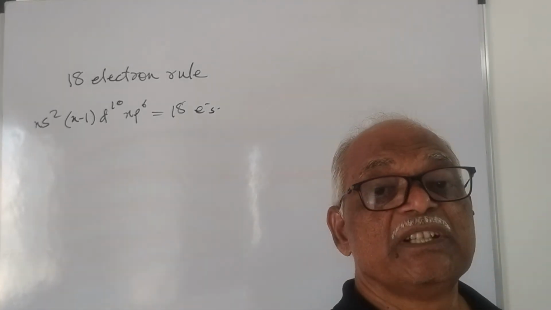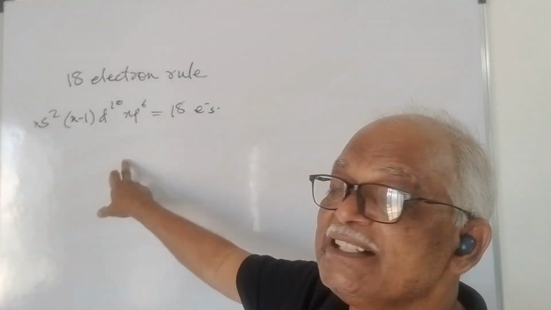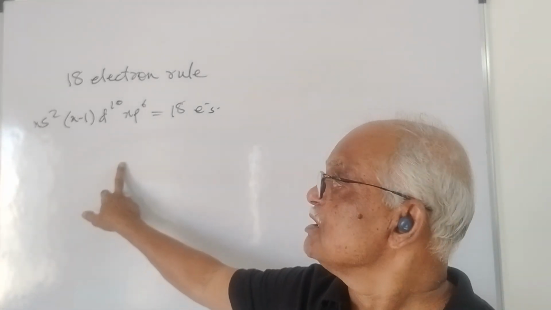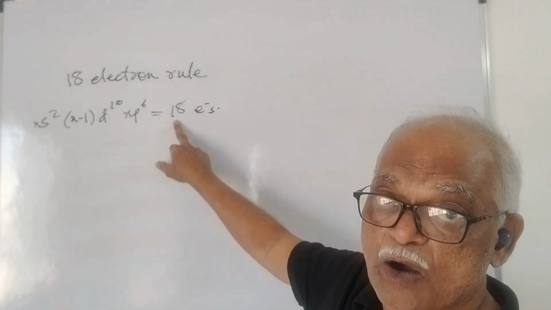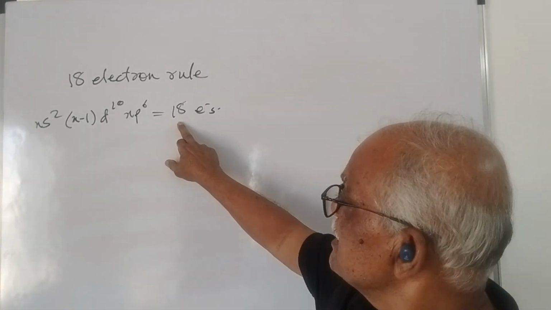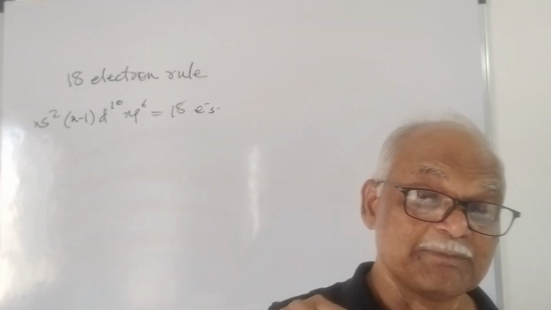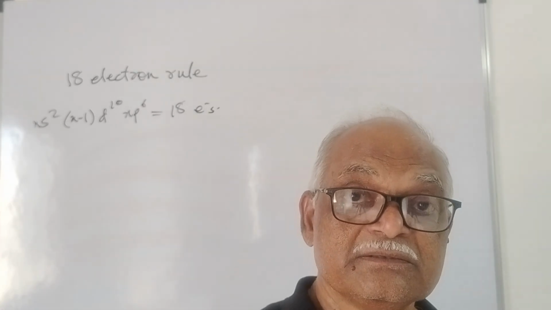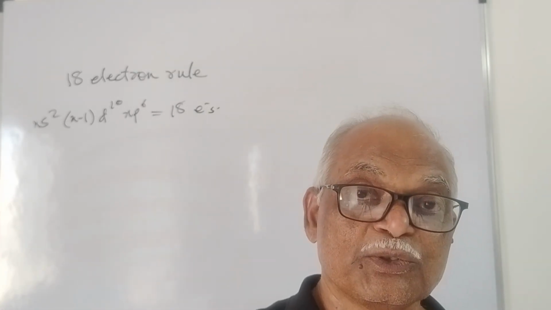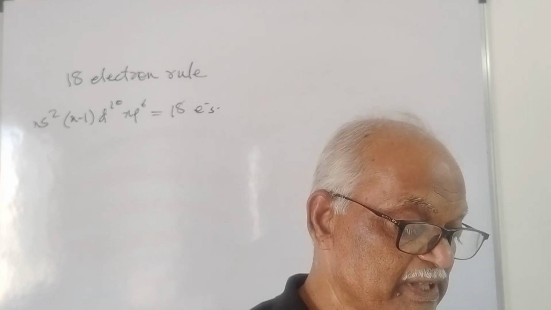Overall, every metal atom present in the complex will have a maximum count of 18 electrons. If it is less, it will represent the number of metal bonds, and that will help us formulate or understand the structure of the complex.